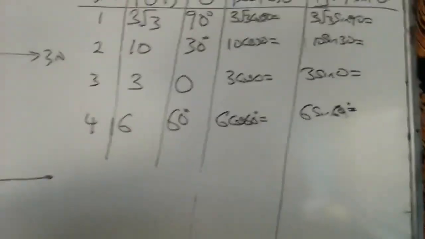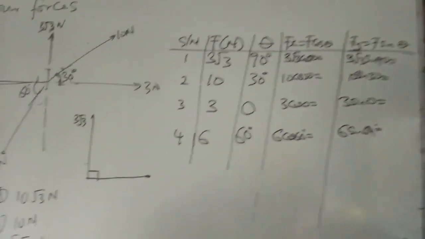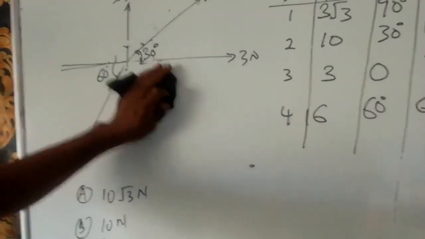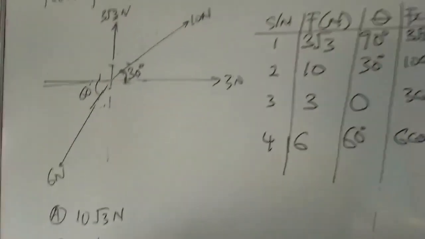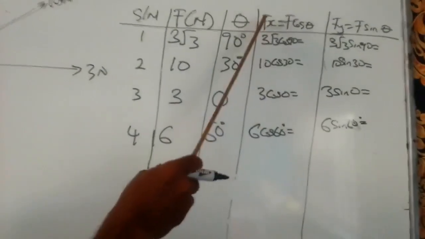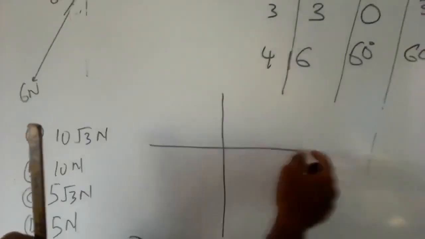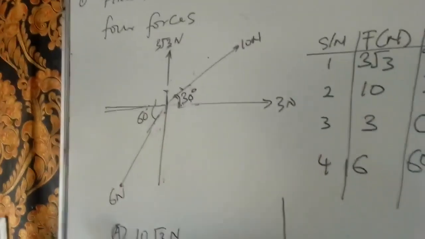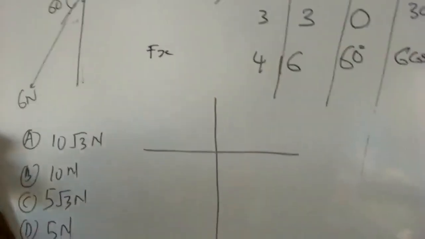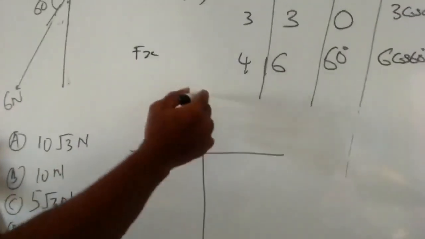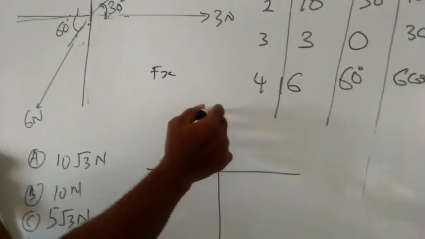So don't be in a hurry to solve this, we are not yet through before you start calculating. Now, to find Fx, you visit our tutorial and go through this once more. To find the values of Fx, or the horizontal component, we look at the Cartesian plane, the plane for the forces. We look at the vertical axis.